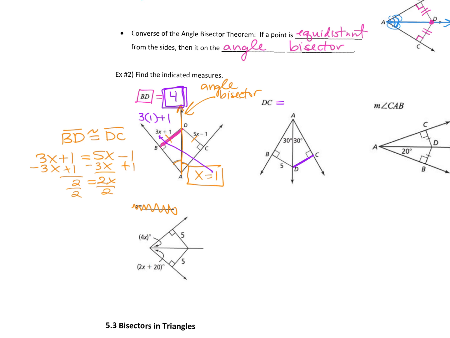What's DC? It's 5, right? This angle is congruent to that angle, so AD is an angle bisector, right? And when you have a point on an angle bisector, like point D, it has to be the same distance to B as it is to C. So this would be 5, so DC is 5.